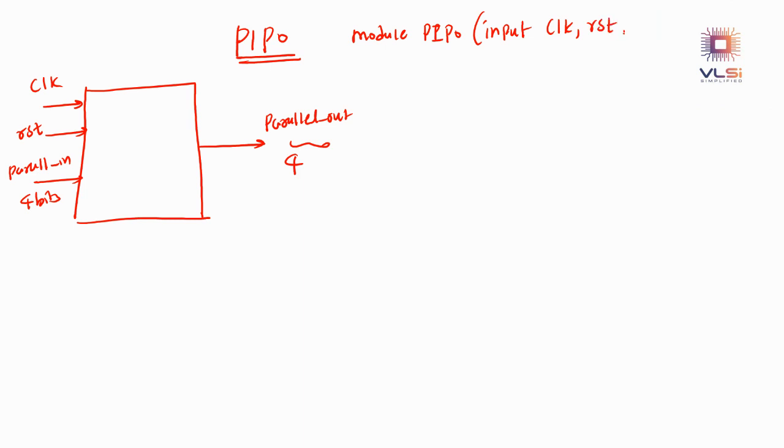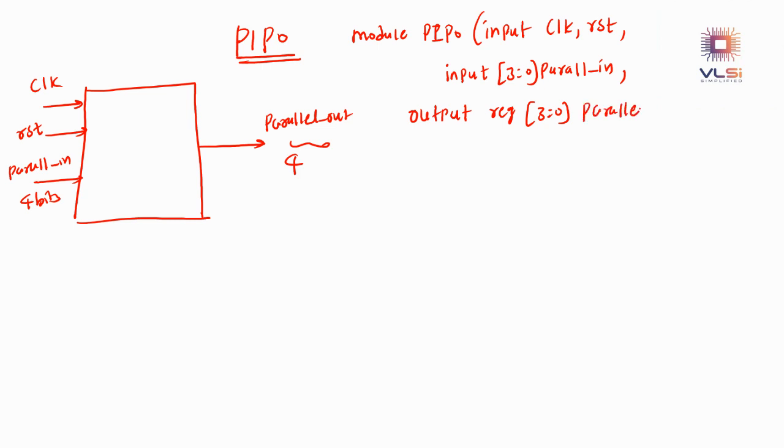How many bits? 4 bits, a vector 3 down to 0, parallel in. Next, output reg 3 down to 0, parallel out, semicolon.